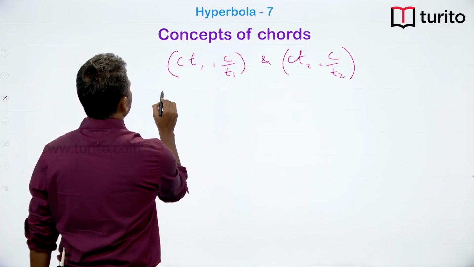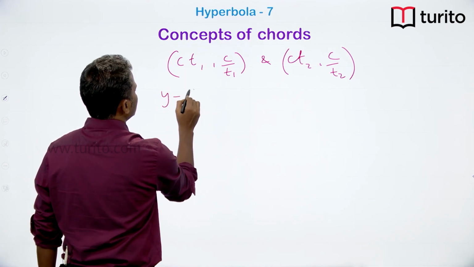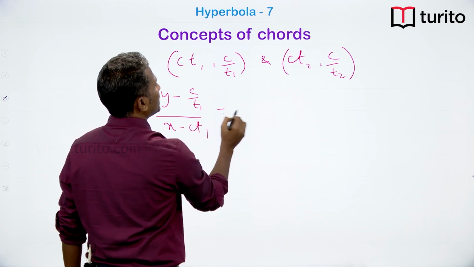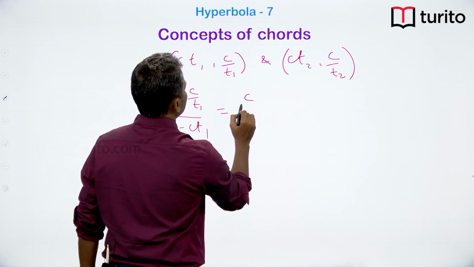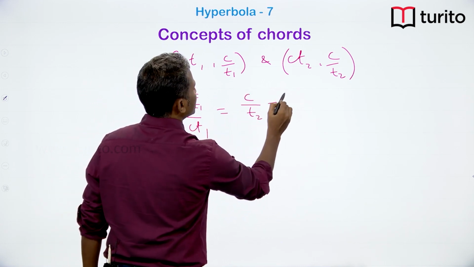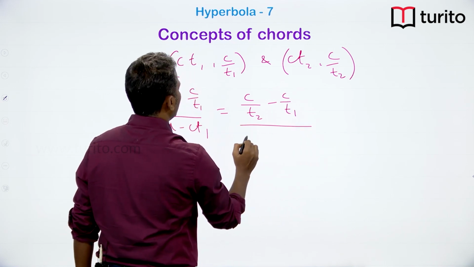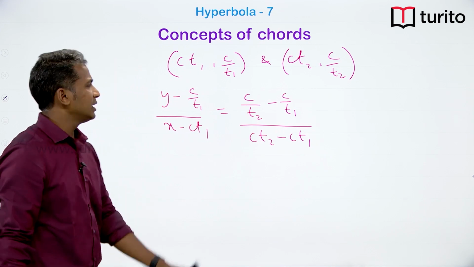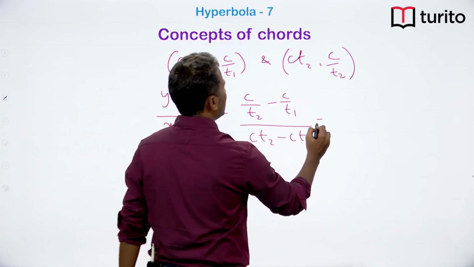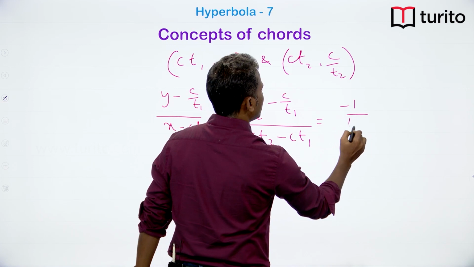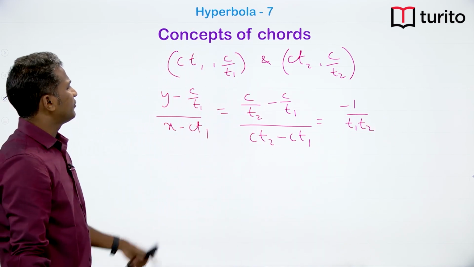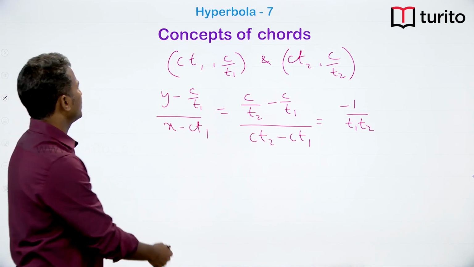So here (y minus c/t1) by (x minus ct1) is equal to (c/t2 minus c/t1) divided by (ct2 minus ct1). Now here we can cancel out c, and if we check, it becomes minus 1 by t1 t2 in the RHS.